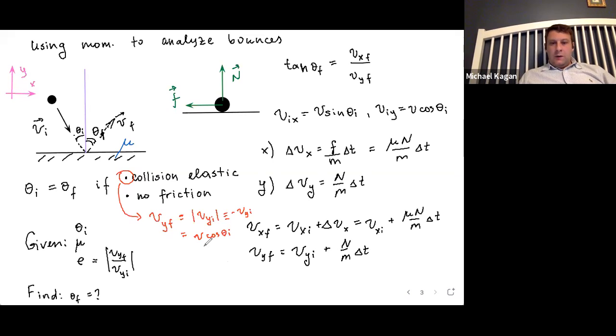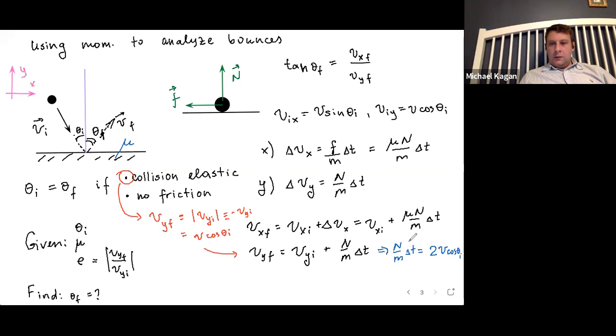Okay, so if you substitute it in the second equation, you can solve for this combo. You see that? So this N over m delta t is simply 2 times V cosine theta initial. Make sense?